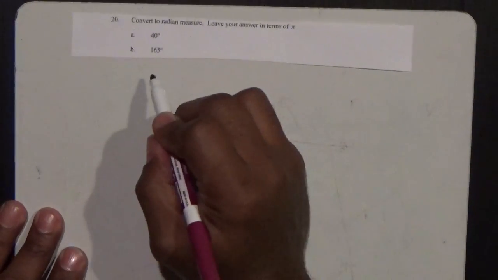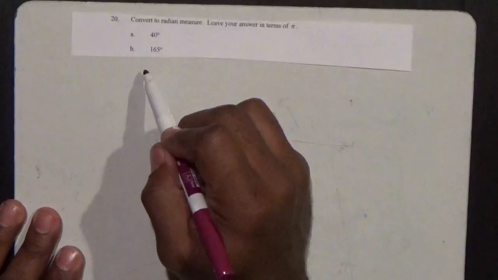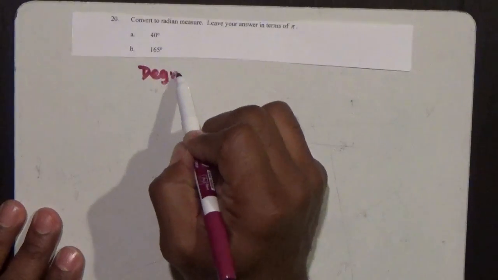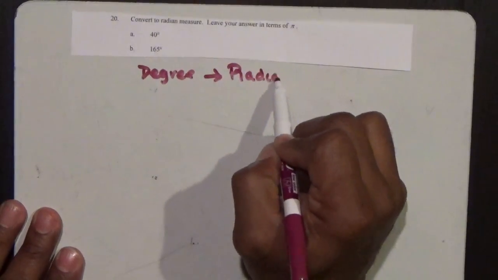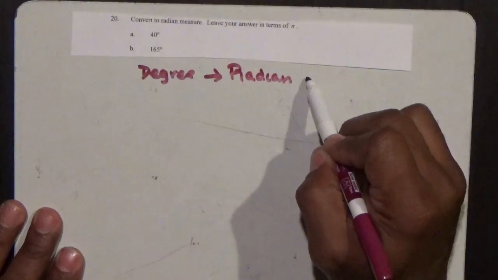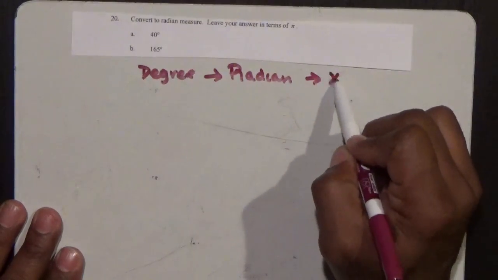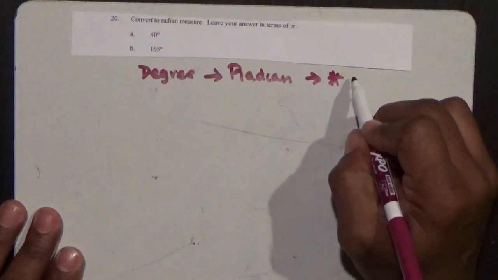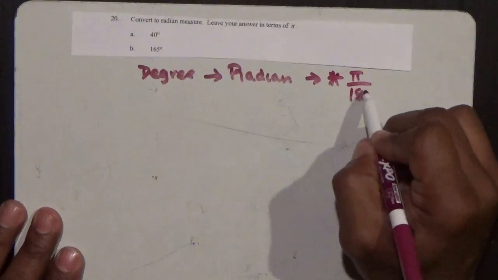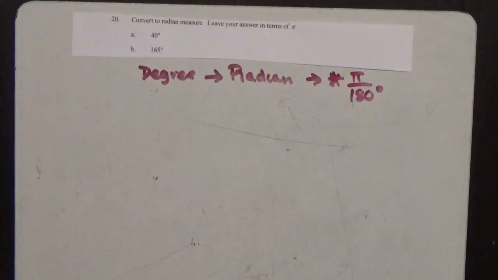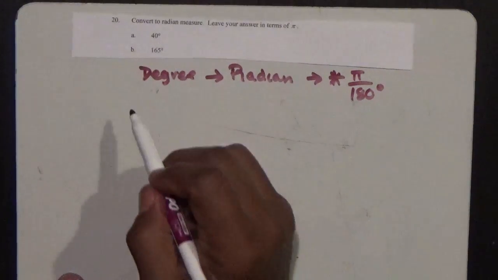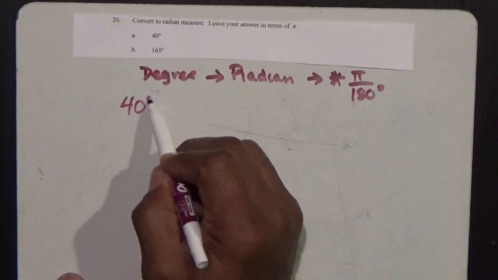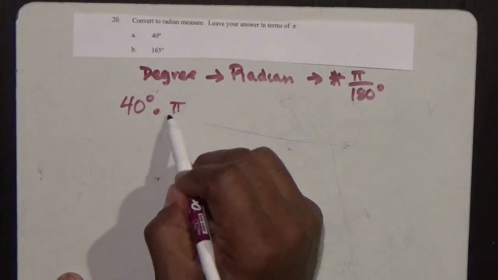Alright, number 20, convert to radian measures. We need to remember that when we're going from degrees to radians, we just want to multiply by pi over 180 degrees. So we go 40 times pi over 180.